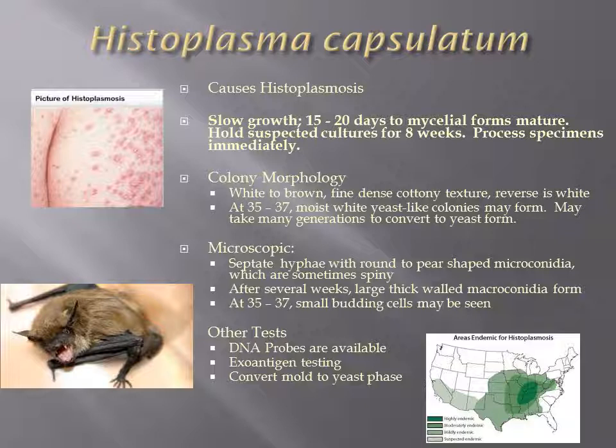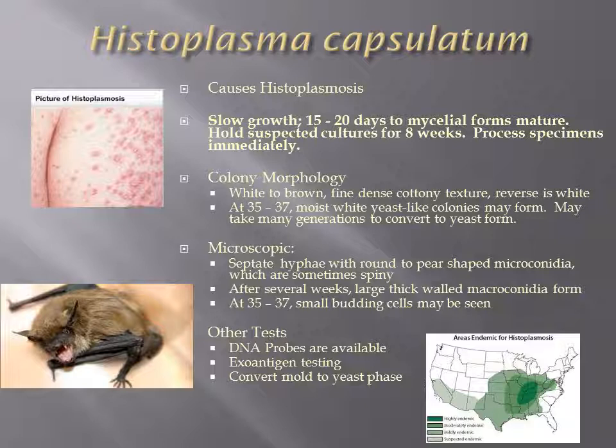Okay, what it looks like clinically, pretty non-descriptive. The particular lesions can be on the skin, inside the mouth, in the lungs, which is the lethal form. Pretty much any body tissue, I believe, is fair game for contracting histoplasmosis.